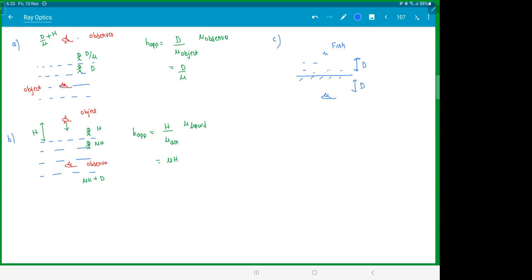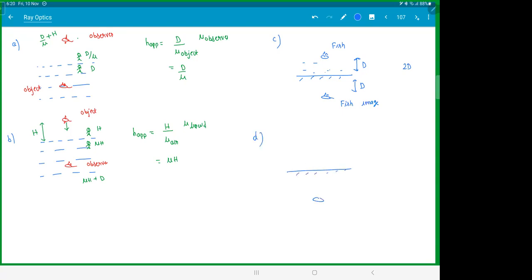This is fish. And this is the fish image. So here it will simply be 2D. Mirrors don't create any problem for refraction. If you put water in front of the mirror, the image also will look like it is in water. So fish will think simply there is another fish on the other side at a distance of 2D.